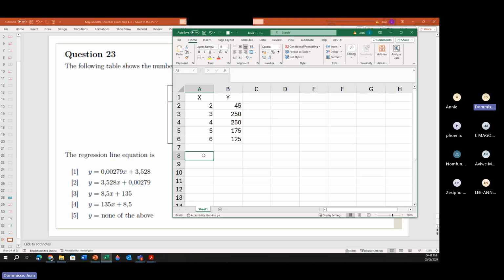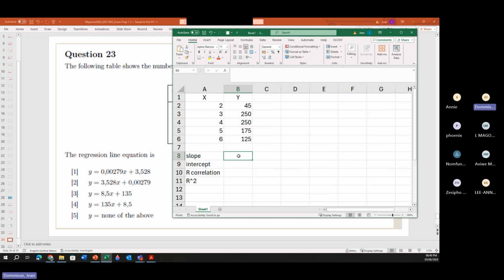We are also going to work out the R so that you can get the R correlation as well. And I'm also just going to do the R square for you guys so that if there is a question of the coefficient of determination, you have that as well.